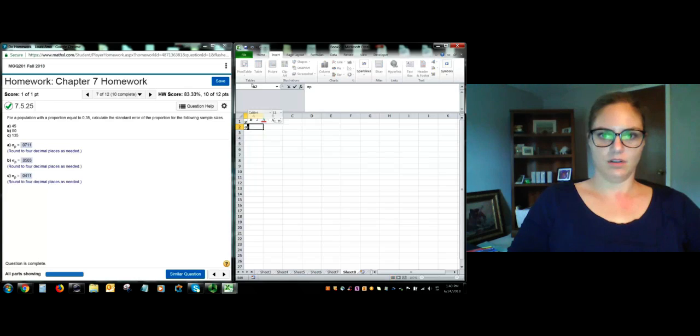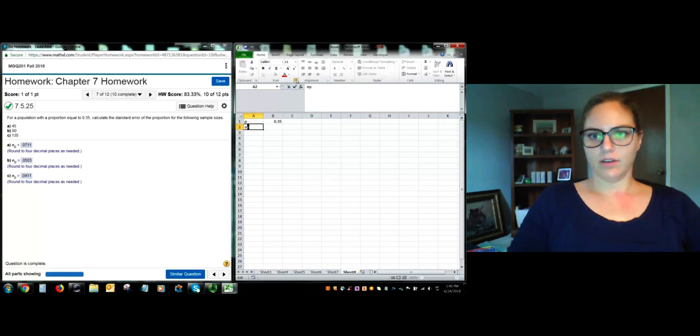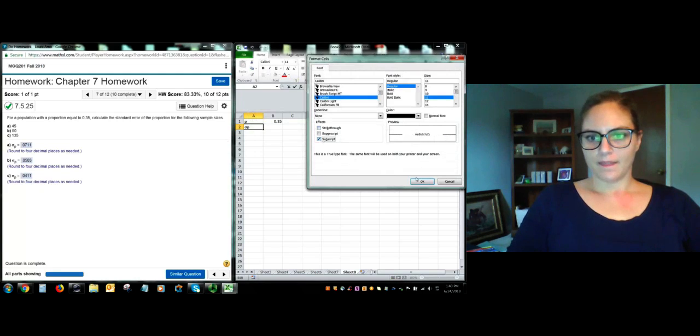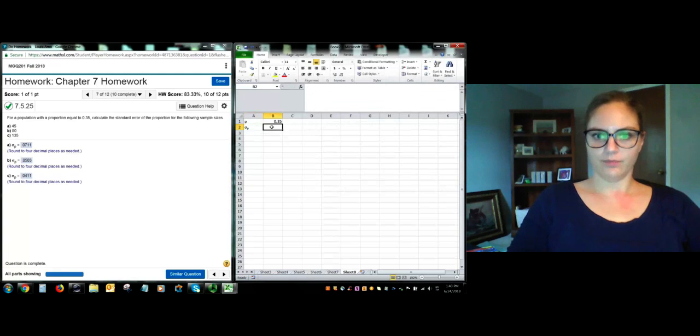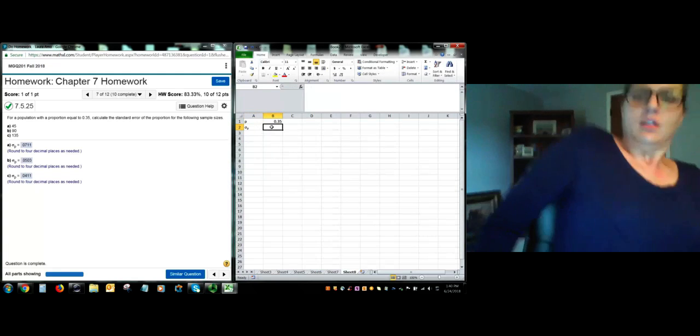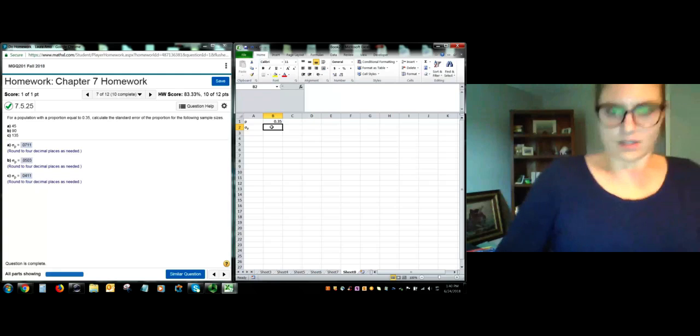This would be kind of a sub. It's really hard not to have the right equipment here. Sigma x, or yeah, sigma p.